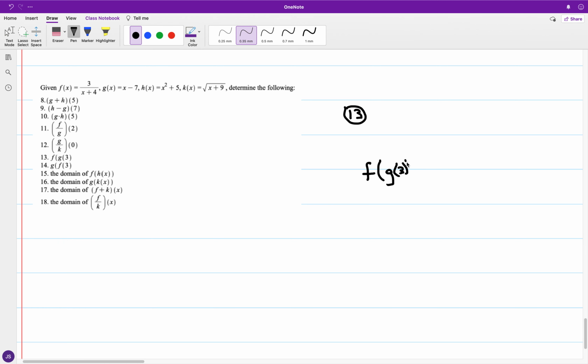Okay, now the output function I have in line with f of x. And again, just for f of x, or f of the input, we have 3 over the input plus 4. Now for f of g of 3, so I'm looking at 3 all over g of 3 plus 4.